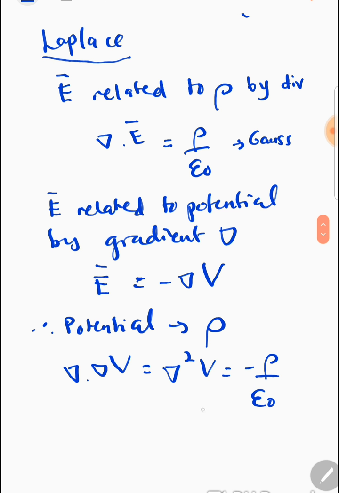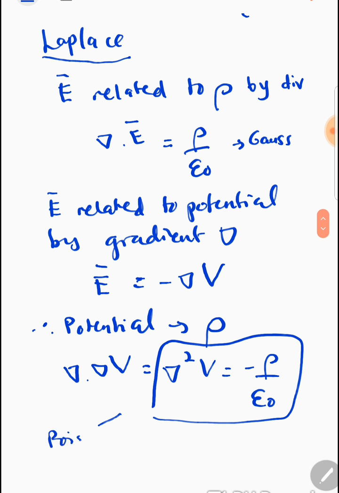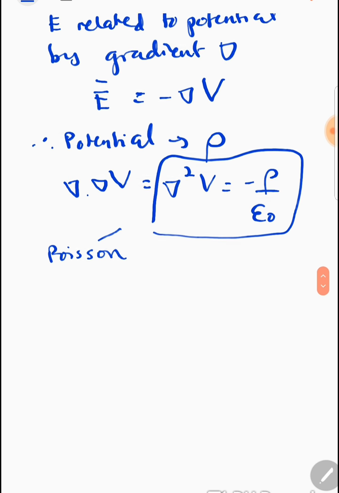This formula that you see here is what we know as the Poisson equation. And the Poisson equation is very much related to the Laplace equation. How is it related?